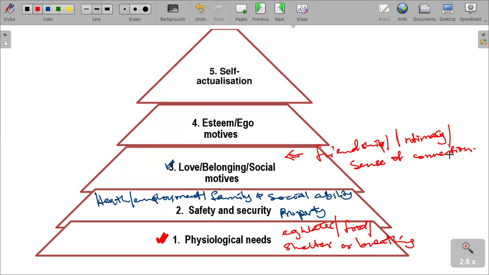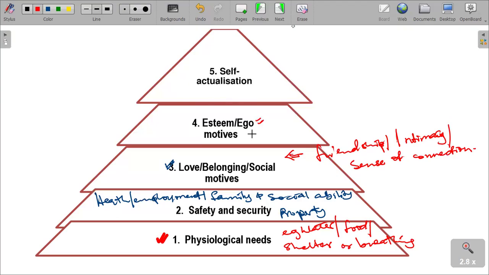All these are motivational factors. They are factors that can stimulate or retard the performance, the involvement, or the productivity of a person.